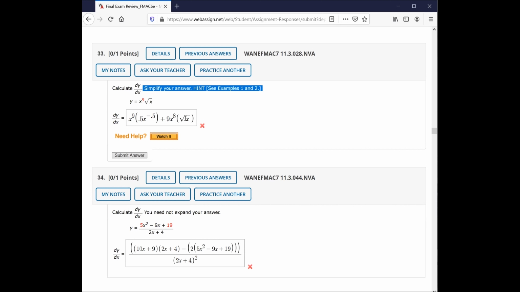I'm going to say it's just that. Do you want me to simplify it? Yeah, how do you do that? Let me switch screens. New share.